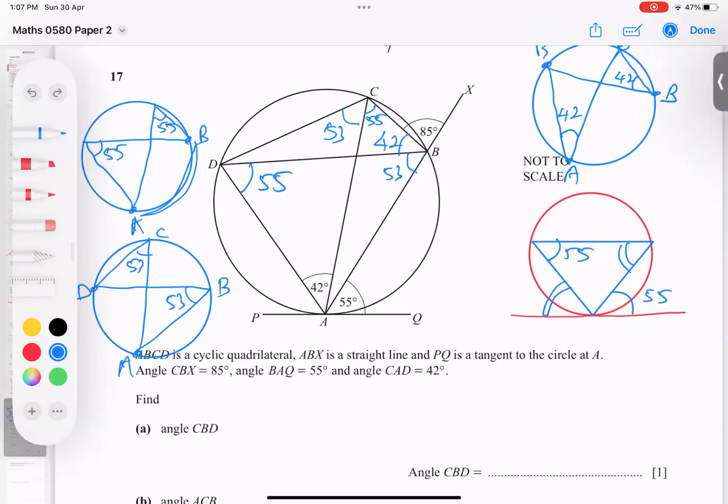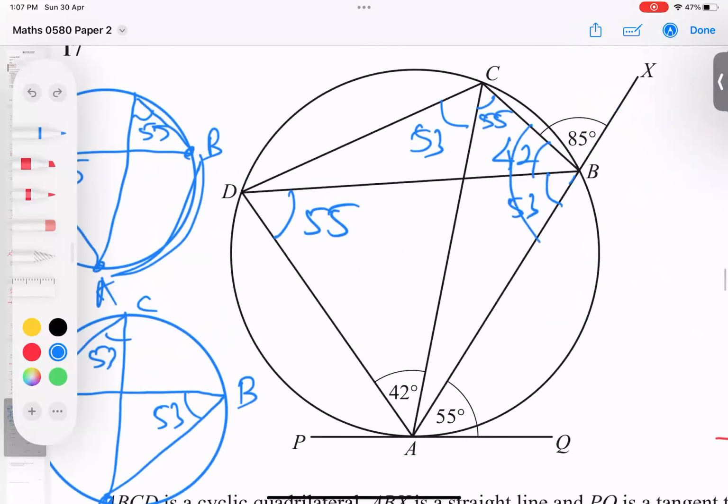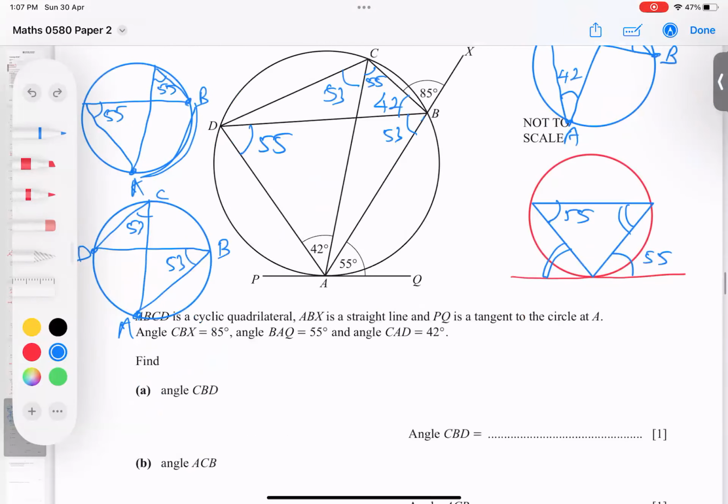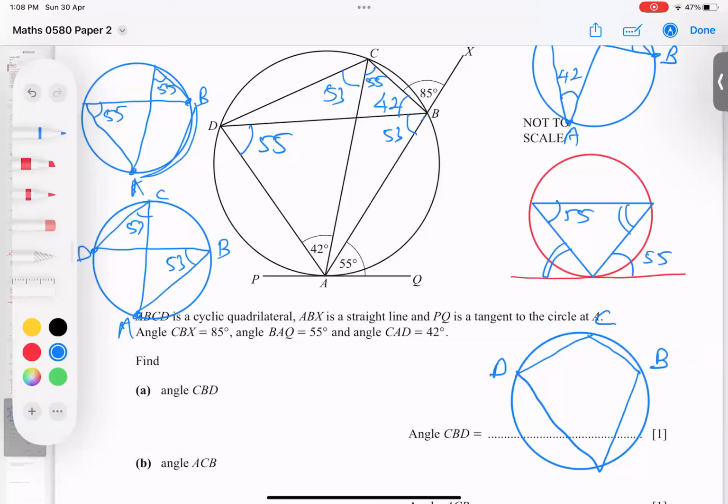So we can see this is a cyclic quadrilateral, students. I make another circle for you. You see this 1, 2, 3, and 4. This is B, this is C, this is D, this is A. And this angle is total how much if you add these two? So 42 and 53 add, you get 95.